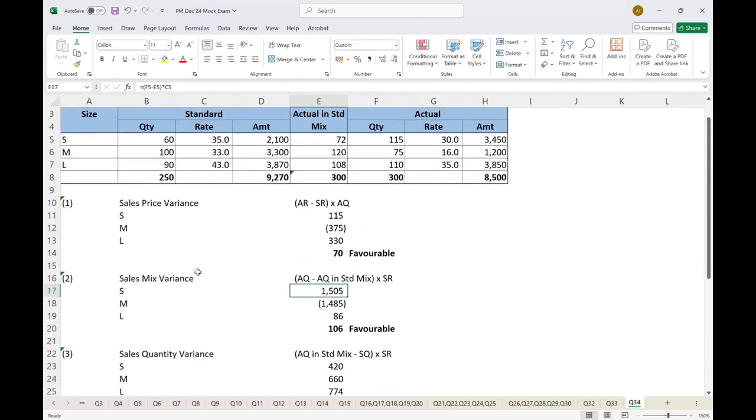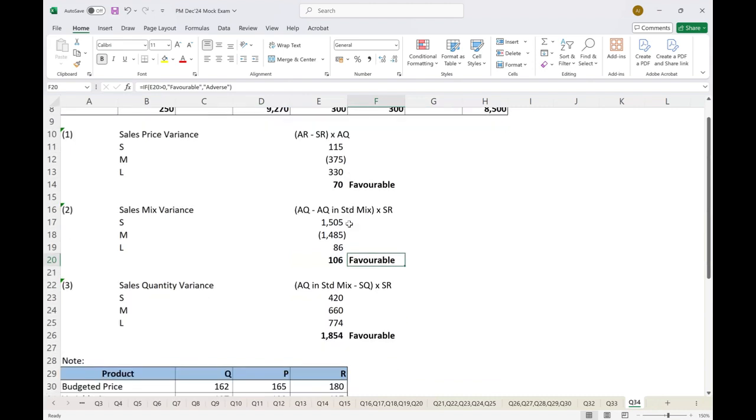So the formula for mix, that means what is the variance which is arising because you changed the mix. It was supposed to be sold in a certain ratio, but you actually sold in some other ratio. So that is why you're comparing actual quantity with the actual quantity in standard mix multiplied with the standard rate. Now I'll just drag across the formula. If you just copy paste the formula down, it updates itself with the respective size, and then you sum it up to get 106 favorable variance.